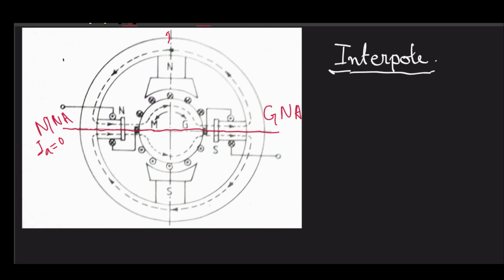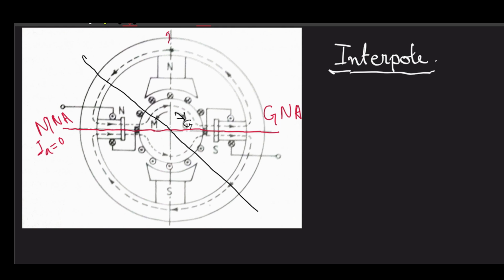For a generator, it will try to shift the MNA towards the direction of rotation of the generator, in this way, right?